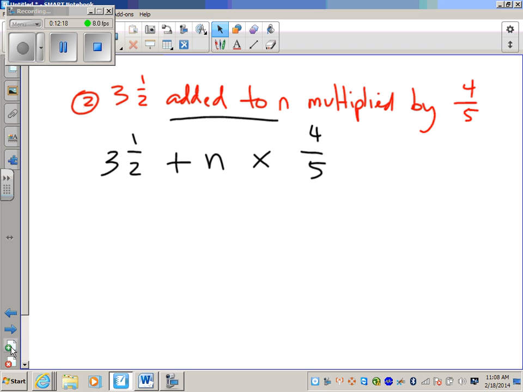Like these right here. So if I put parentheses around the 3.5 plus the n, that's going to make sure that I add first, because in order of operations, step 1 says all operations in parentheses first. You're in charge of that now. You can do that.